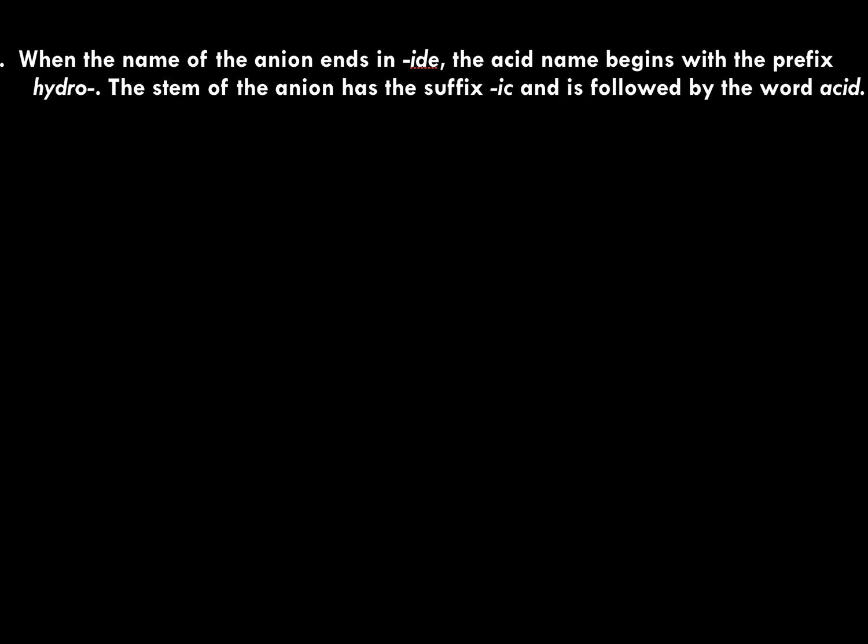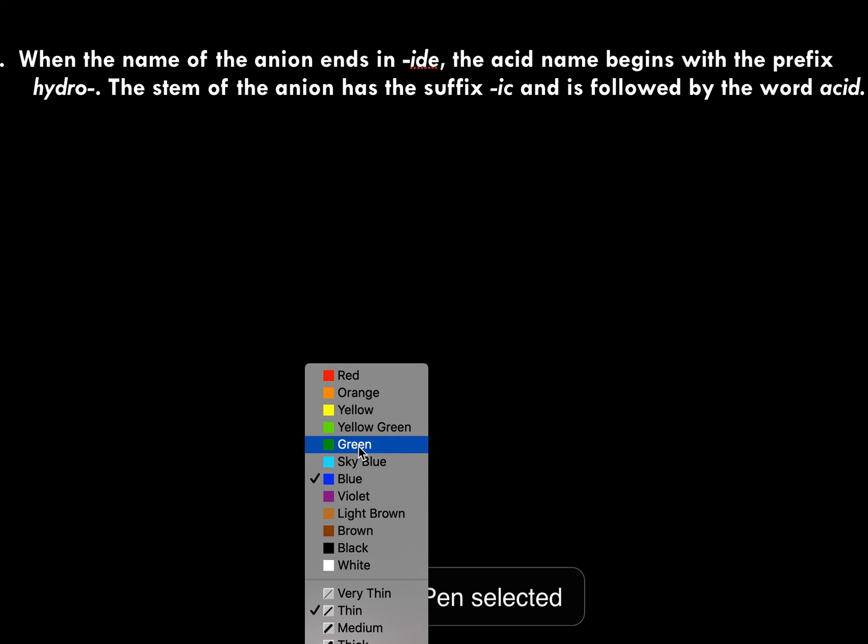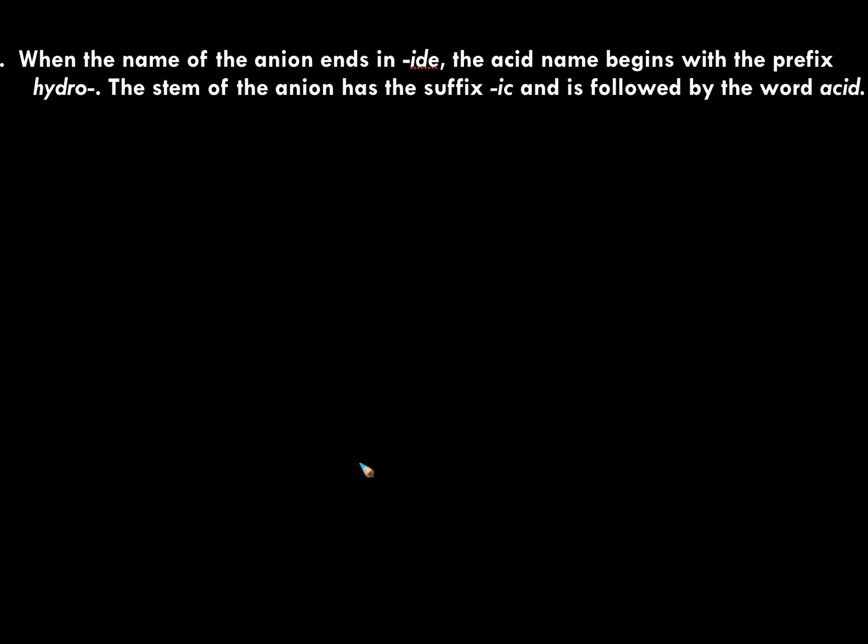So for example, say we had HCl. Key thing here, we need to look at our anion, which is chloride.